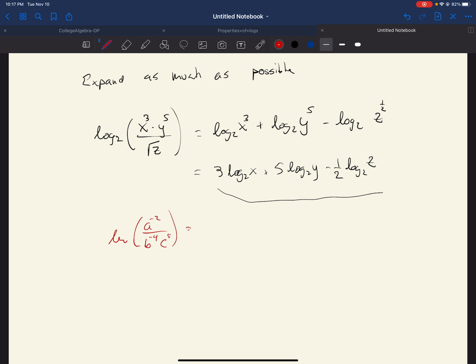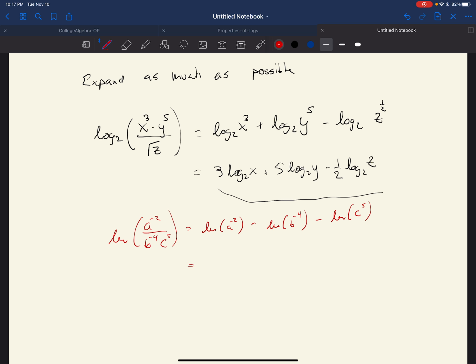I said this would be ln of a to the negative 2 minus ln of b to the negative 4 minus ln of c to the 5th. Now each of those powers pull down, so the negative 2 pulls down, the negative 4 pulls down, and the 5 pulls down.